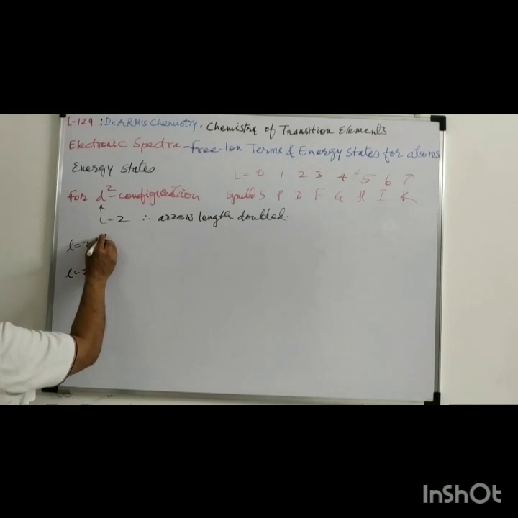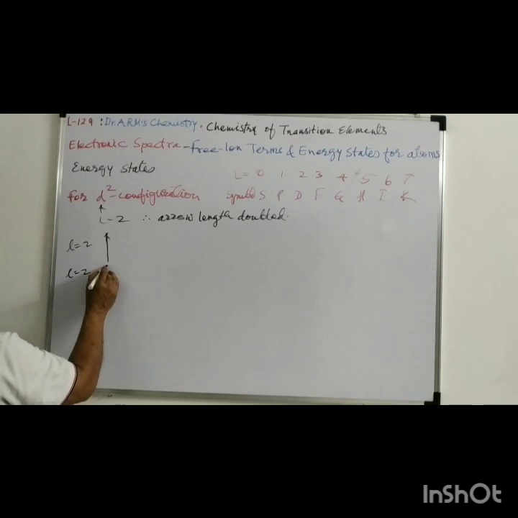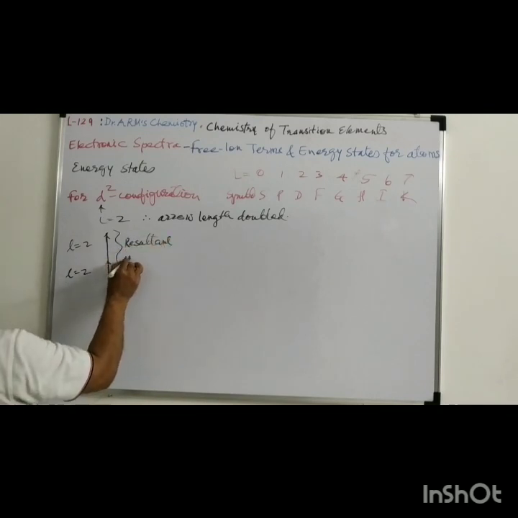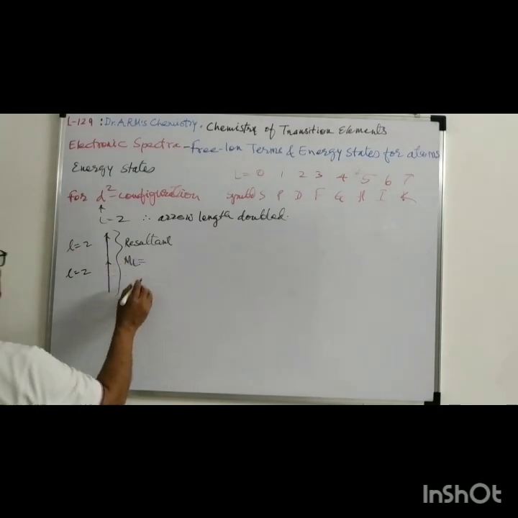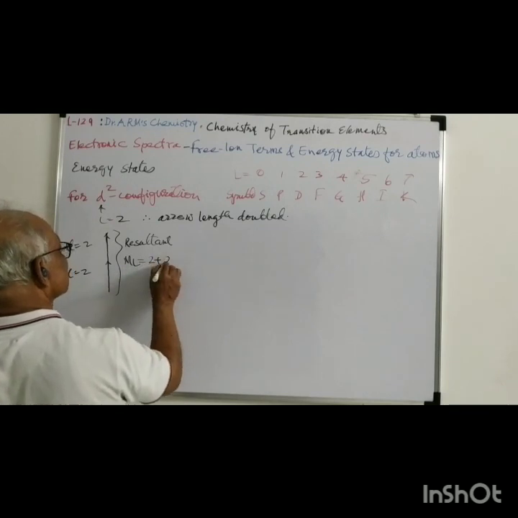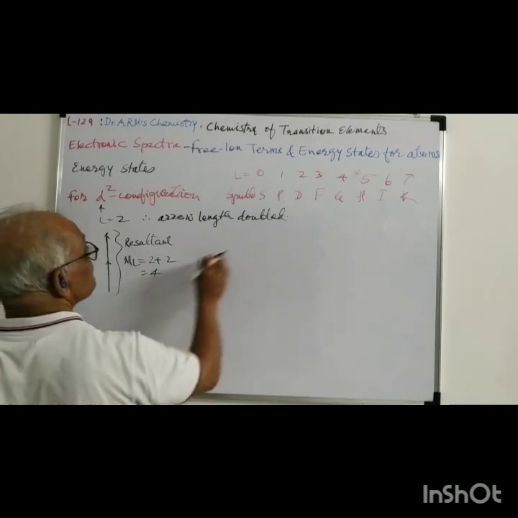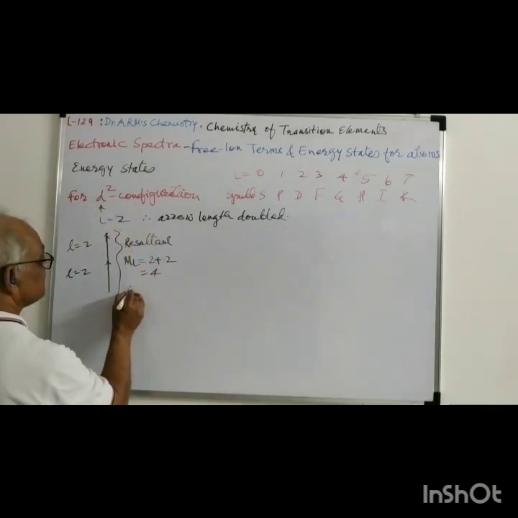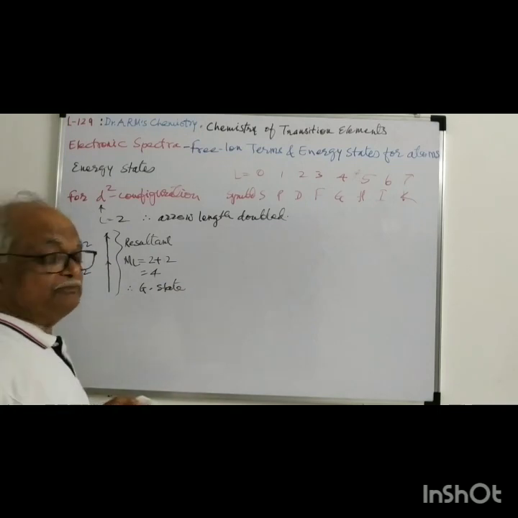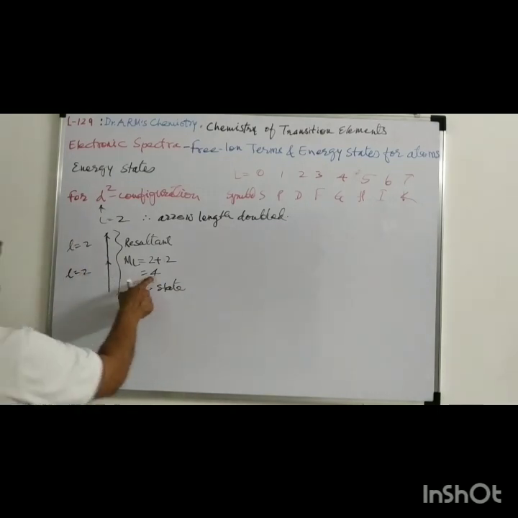So we will see that when L is equal to 2 and with L is equal to 2, the arrow length is doubled like this. And for this, the resultant ML is equal to 2 plus 2 equal to 4, and this 4 corresponds to G. Therefore, G state. 2 plus 2 means 4.